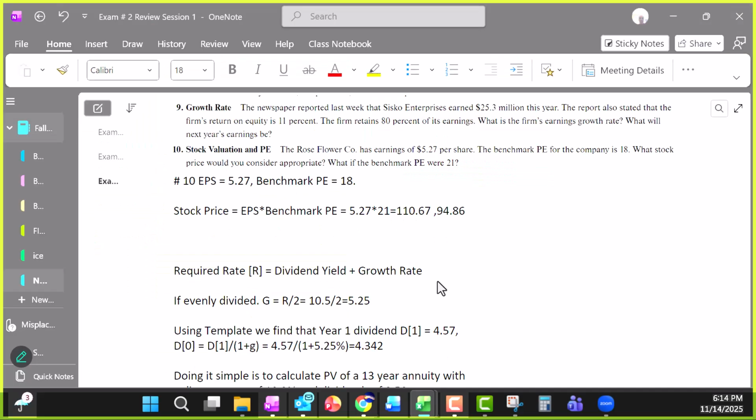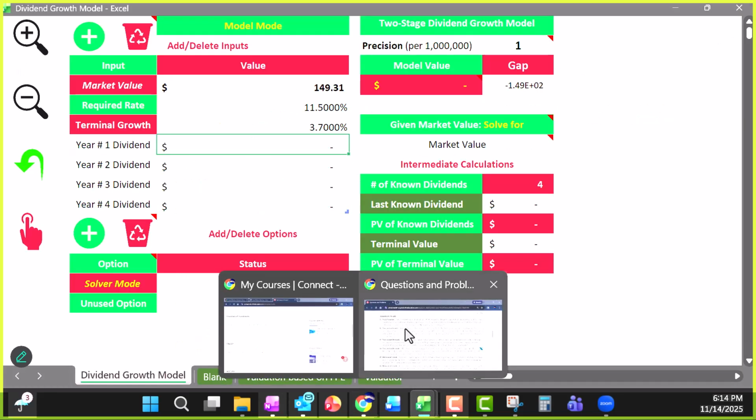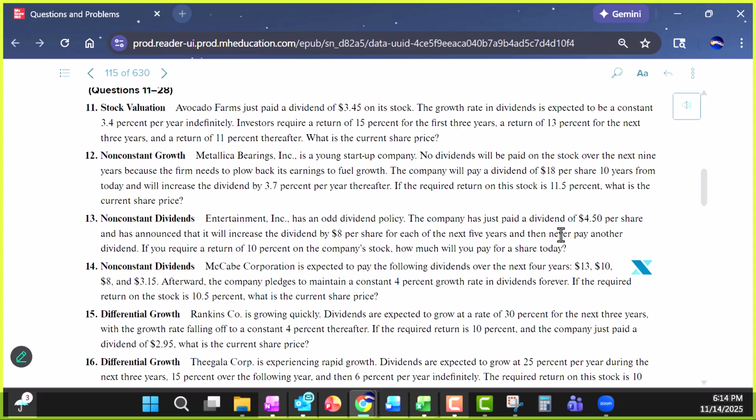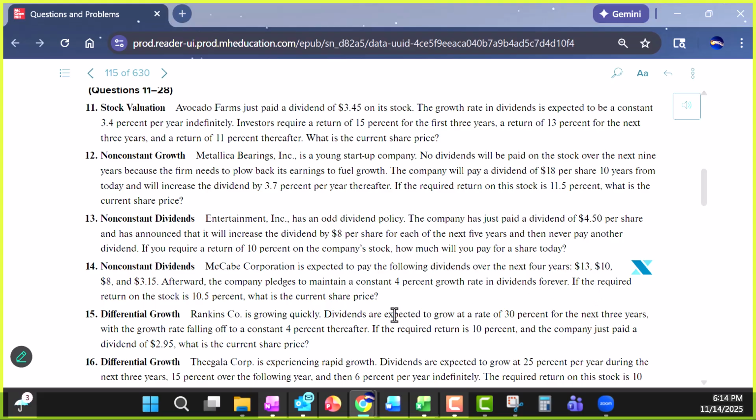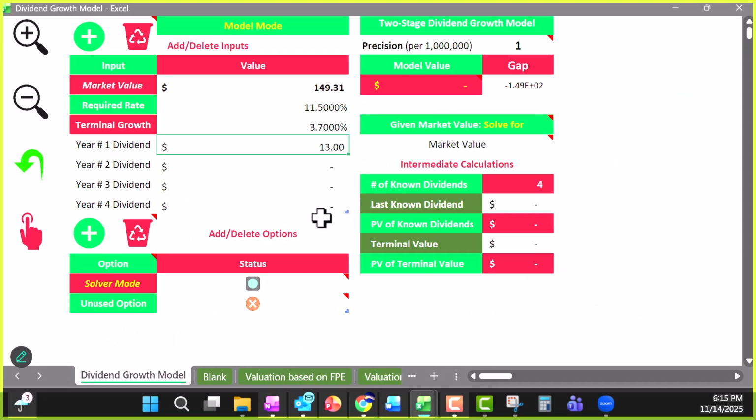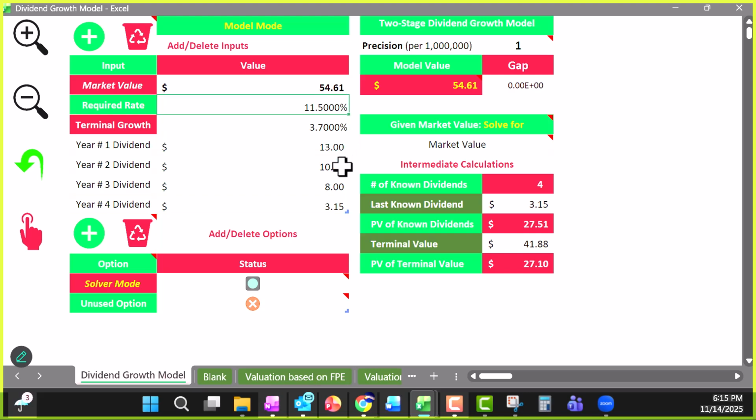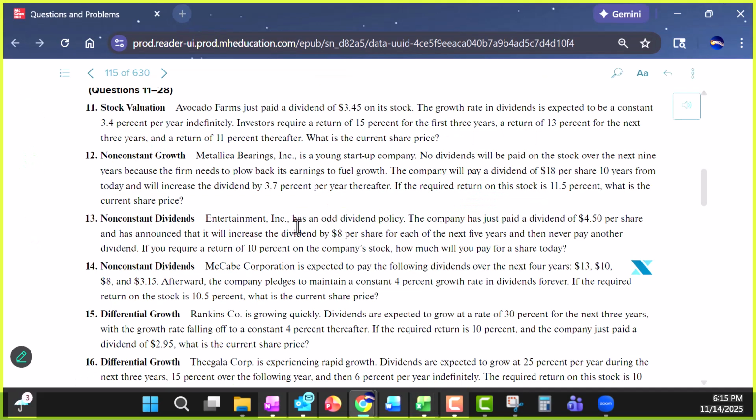And these are also not there. 13, 10, 8, and 315. Required rate of return is 10.5.